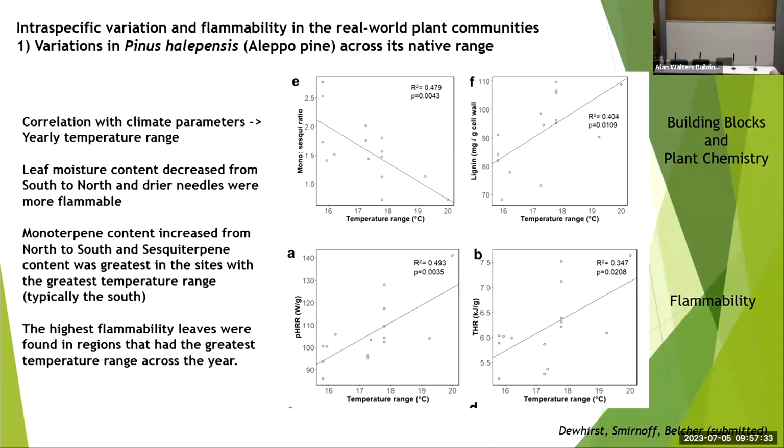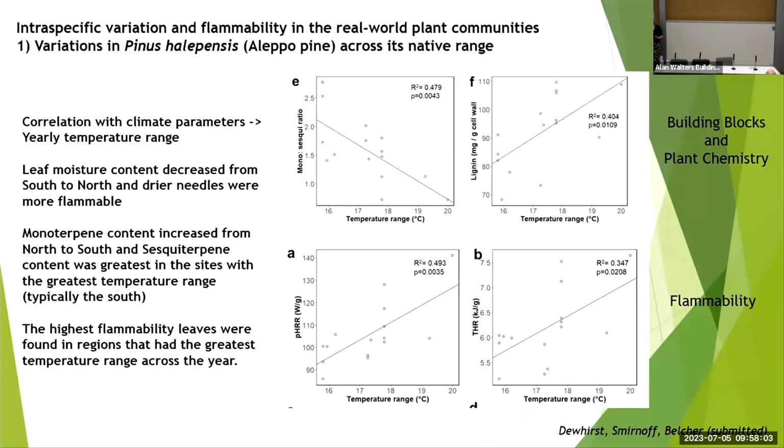So we saw that leaf moisture content typically decreased from the south to the north, and that dry leaf needles were more flammable. And monoterpene content, which is the smaller of the terpene molecules, increased from north to south, where sesquiterpene content was then greatest. And this seemed to correlate with the sites that had the greatest temperature range. So you had higher sesquiterpene contents where the range in temperature that the tree experienced was the greatest.